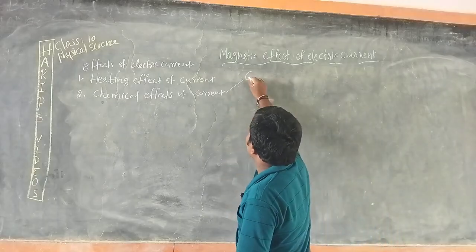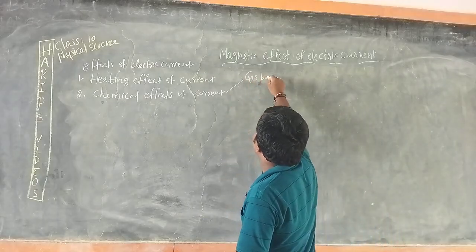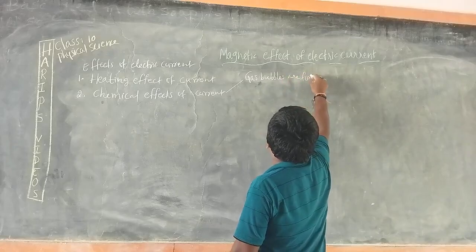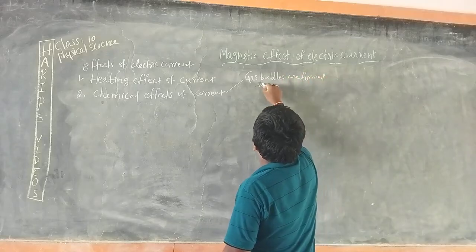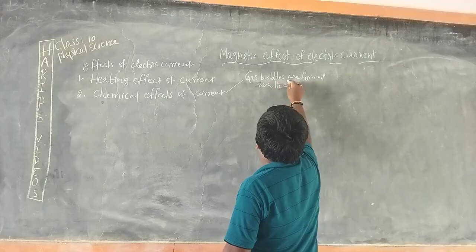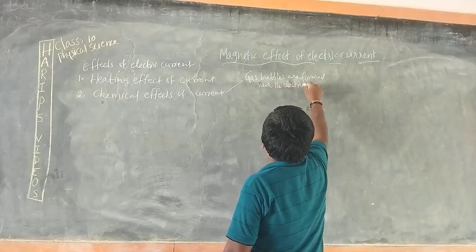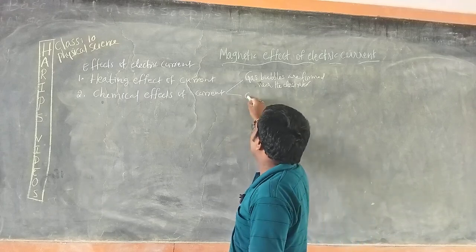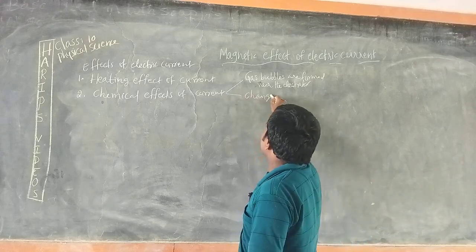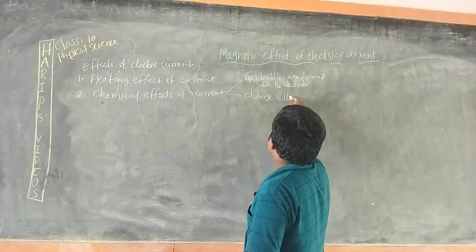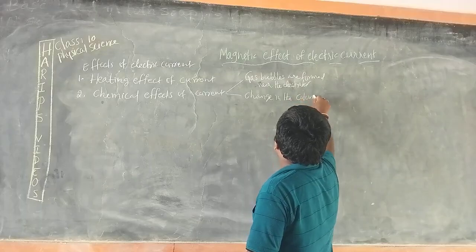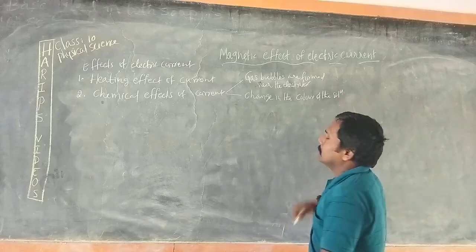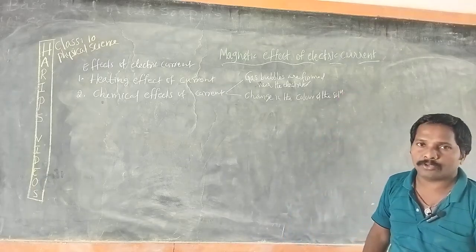You observe that gas bubbles are formed near the electrodes, and there is a change in the color of the solution.